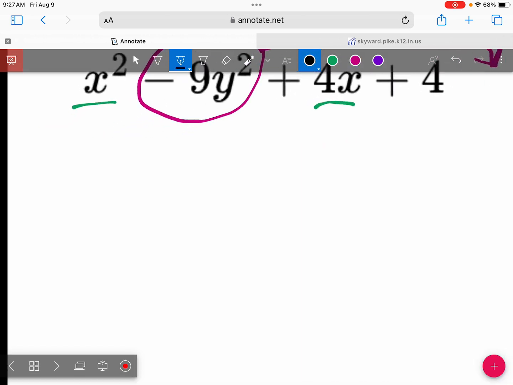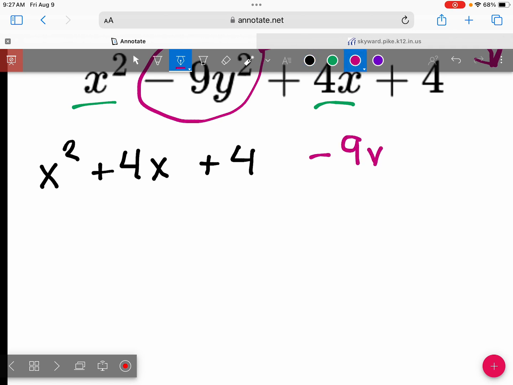So what we have is x squared plus 4x plus 4 minus 9y squared. Does that help us spot anything?